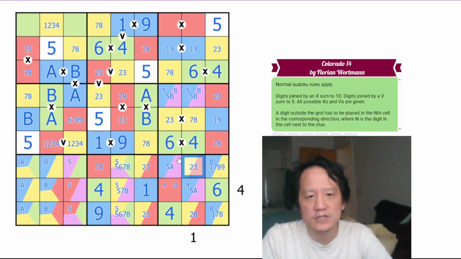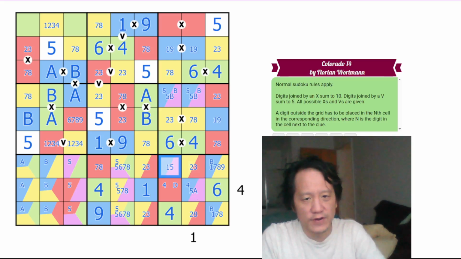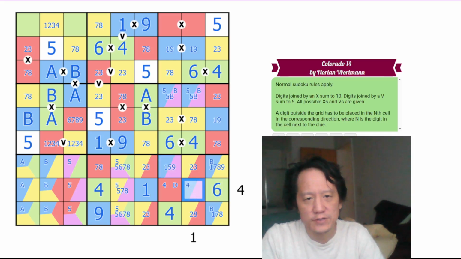So this is because it sees this high red and it sees this high yellow. So either red or yellow, this has to be 2 or 3. That's interesting. This is essentially 1, 5, or 9. This is also interesting. 1, 5, or 9. Same here.